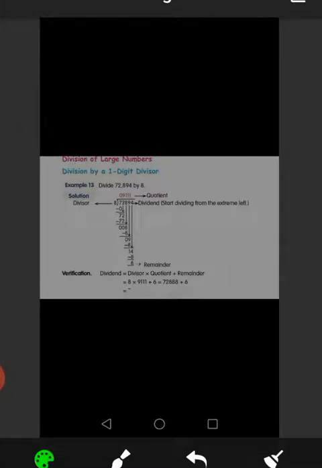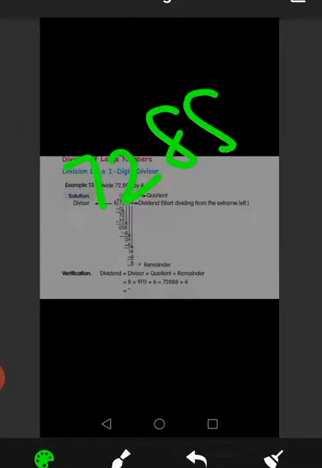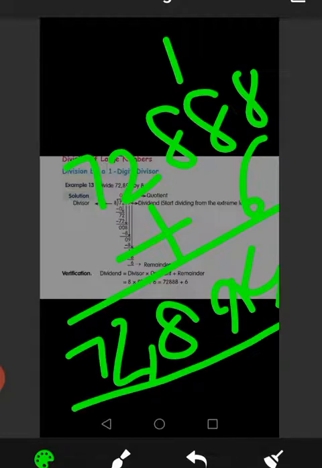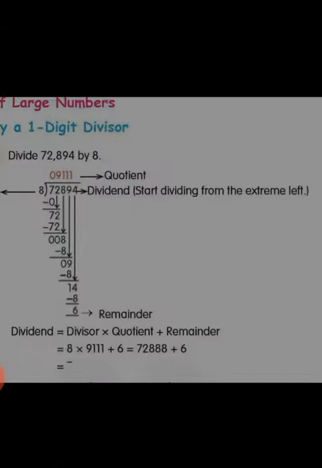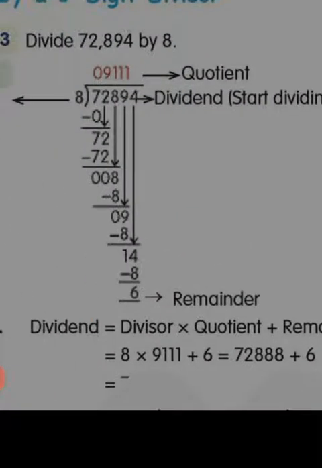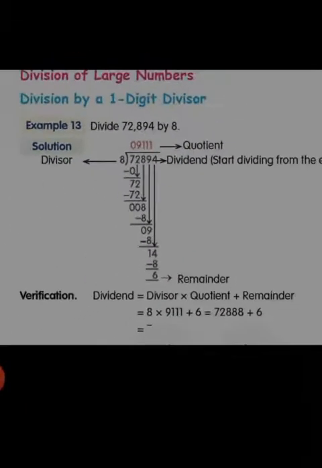So 72,888 plus 6 is 72,894. This number is the same as it was given in the dividend. Clear? So now it means the left hand side is equal to the right hand side. So this means the sum is complete and you have done it correctly.